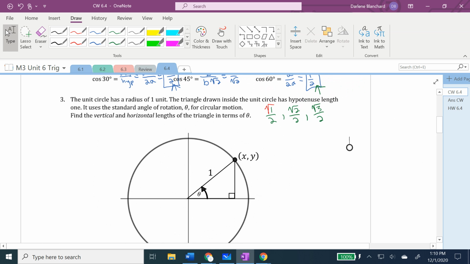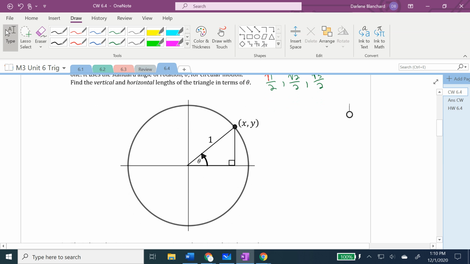But temporarily, we're going to talk about how our circular motion that we learned about, that you'll be quizzing on tomorrow, relates to right triangles. We start with a right triangle in quadrant 1.